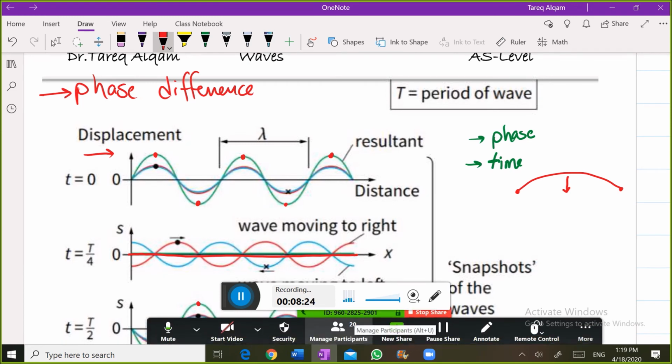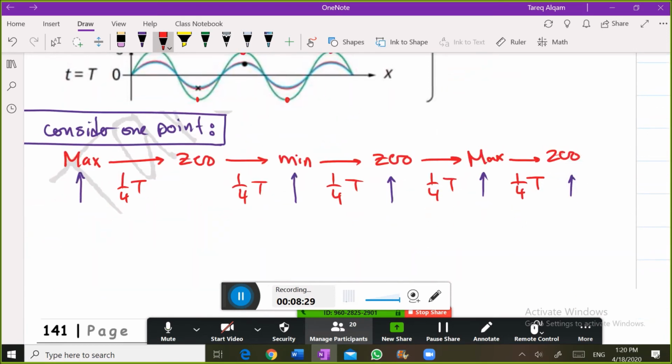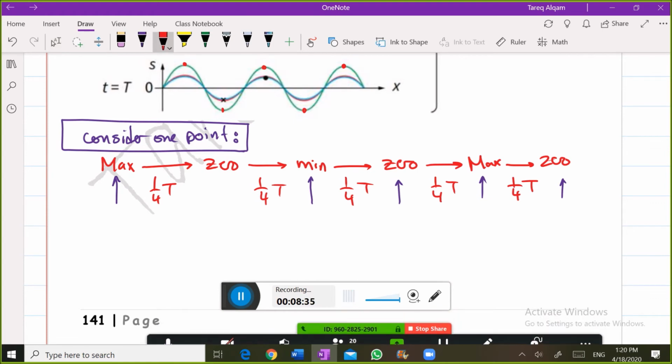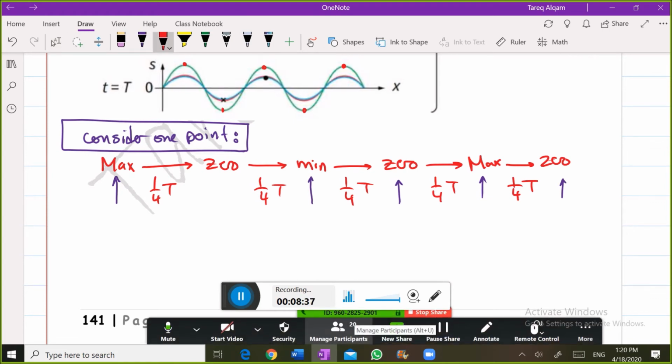The concept of the phase difference, okay? The concept of what? Of the phase difference. Guys, in order to consider this, I have to consider this pattern. Consider any point. If I consider only a single oscillating point along the string and I want to observe its displacement, displacement might be maximum, but then 0, minimum, 0, maximum, 0, and so on.